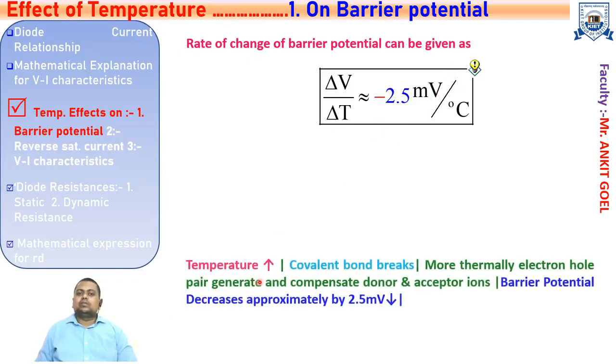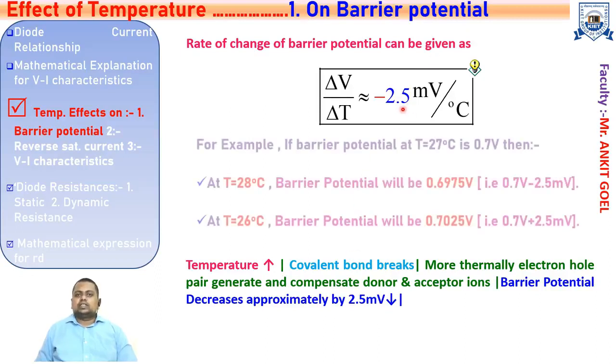As the covalent bonds break due to the increase in temperature, more thermally generated electron hole pairs will compensate the donor and acceptor ions in the depletion region. So the barrier potential will decrease, and this rate of decrease is 2.5 millivolt per degree centigrade. Let's take an example.